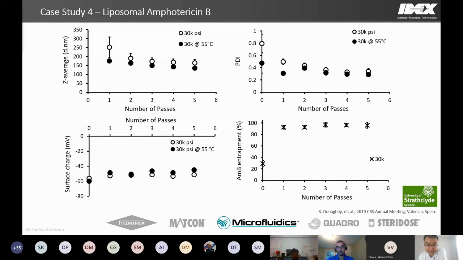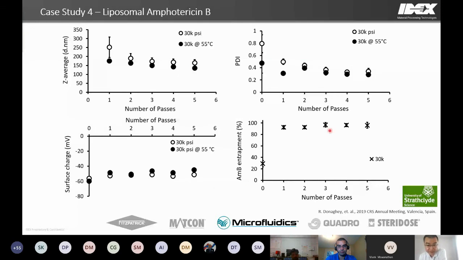Both PDI and zeta potential reached a plateau after about 3 passes. As expected, increasing temperature did lead to some improvements in particle size and distribution. The high temperature results are represented by the closed circles, so compared to the open circles, you can see the particle size was smaller with better distribution.